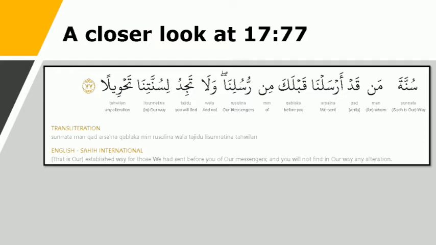The many messengers which God has sent have followed God's way, and that way has been a constant. It has been the same throughout. So it's the same consistent Sunnah throughout, and it's God's Sunnah. Nobody else's, God's Sunnah. That's one thing we've got to keep in our heads.